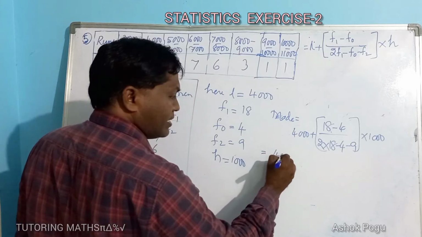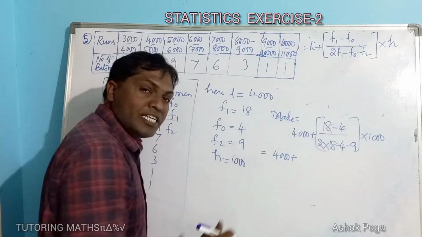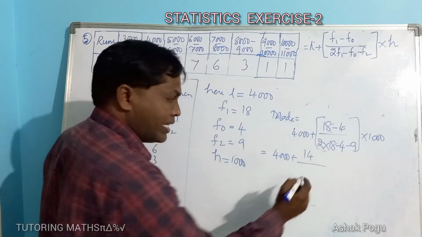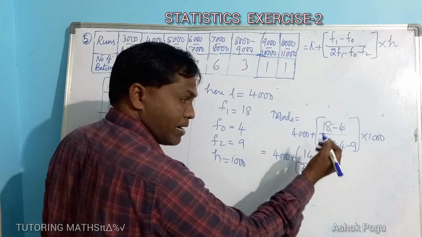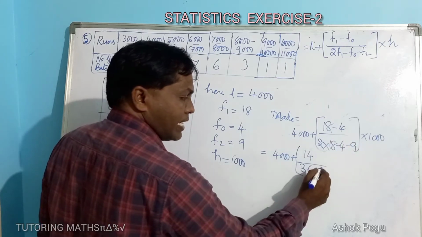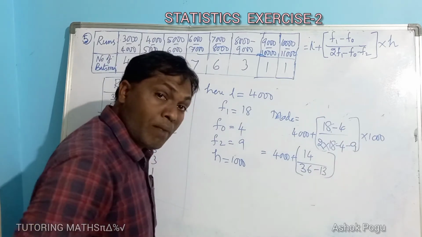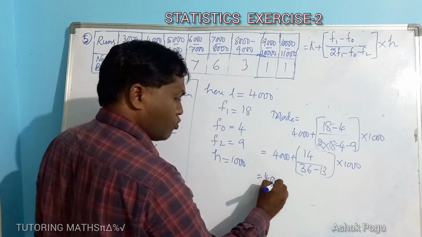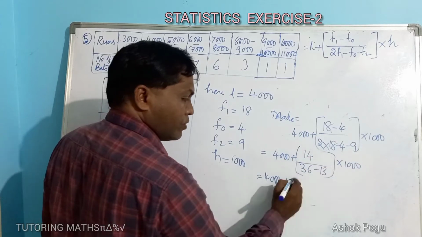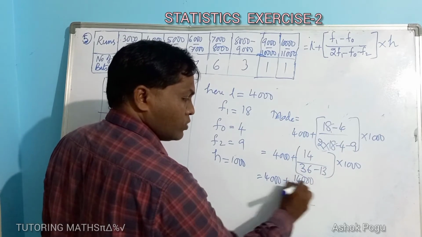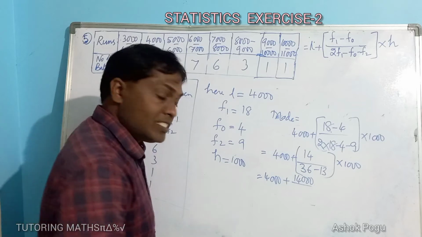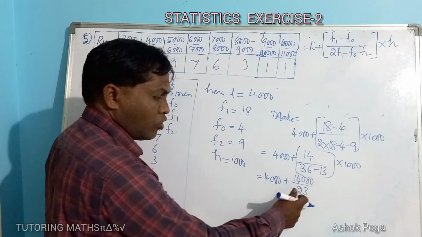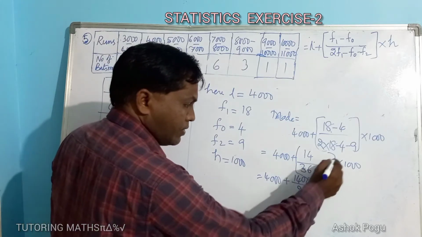Let us simplify. 18 minus 4 is 14, by 2 into 18 is 36, minus 4 minus 9, which gives minus 13, into 1,000. Now it is 4,000 plus 14 into 1,000, that is 14,000, by 36 minus 13 is 23. So 14,000 by 23.